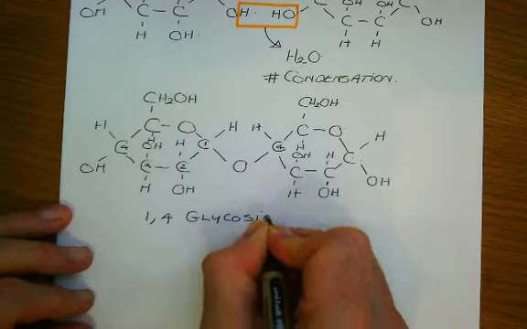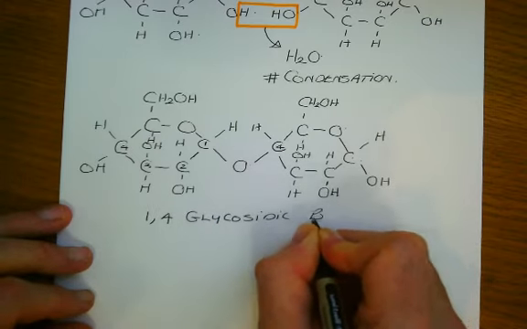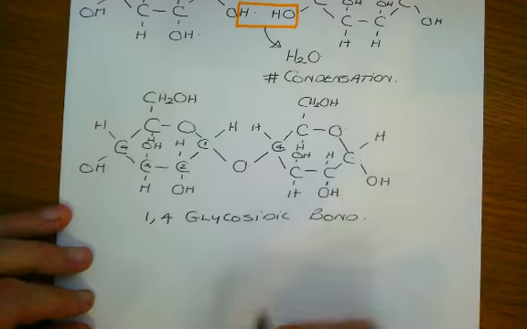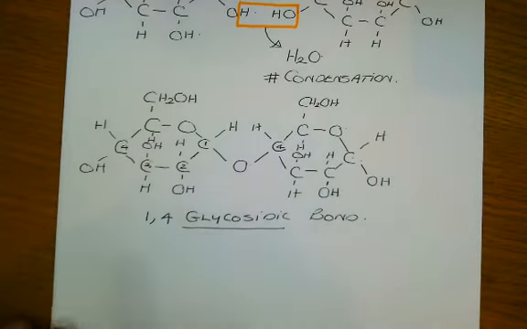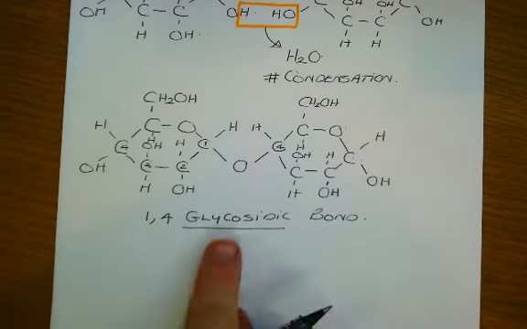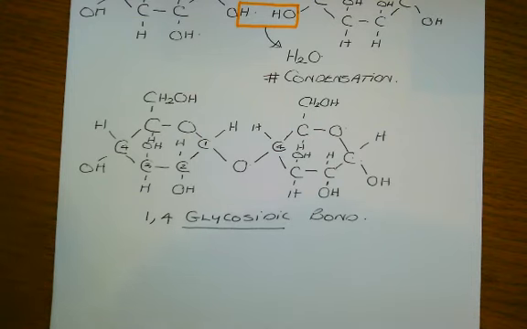That's what this bond is called. You may sometimes hear it referred to as an oxygen bridge, but we always would refer to this as a 1,4 glycosidic bond. Massively important, this. You've got to be able to identify this from drawings.